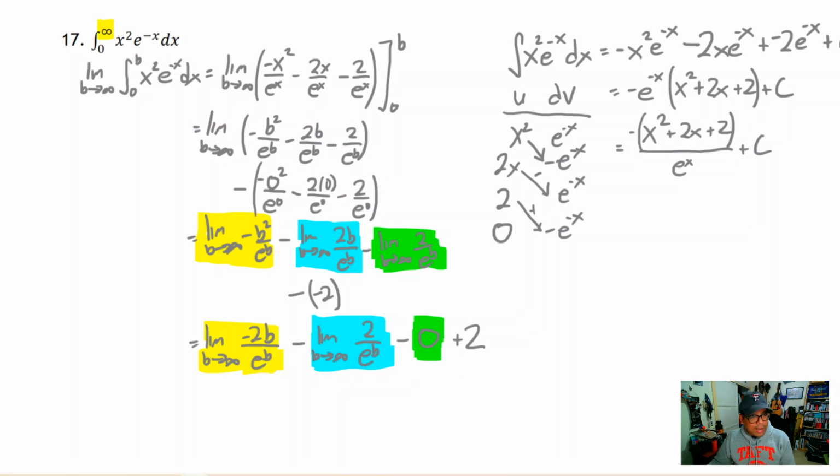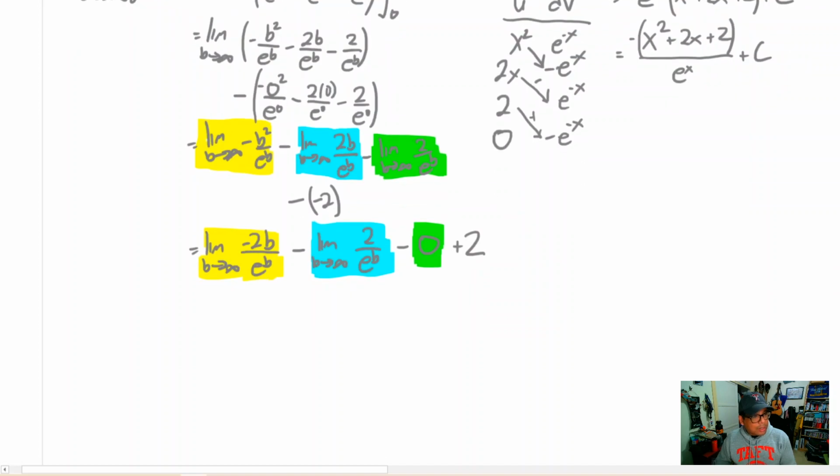Let's take a look at what we have. We've got the limit as b approaches infinity of -2b over e to the b. Well, like before, 2b goes to infinity and e to the b also goes to infinity, so I can use L'Hopital's rule. For my next term, I've got the limit as b approaches infinity of 2 over e to the b.